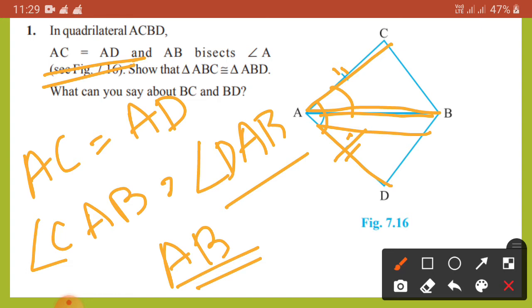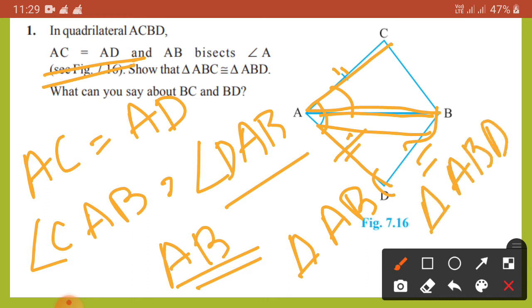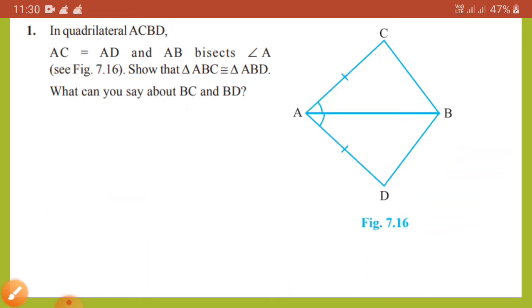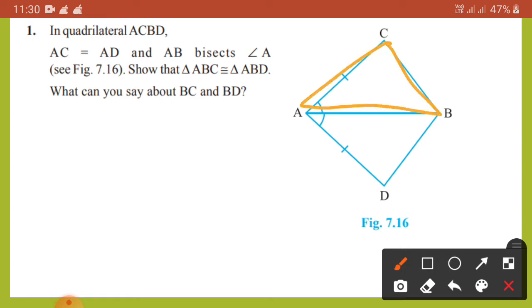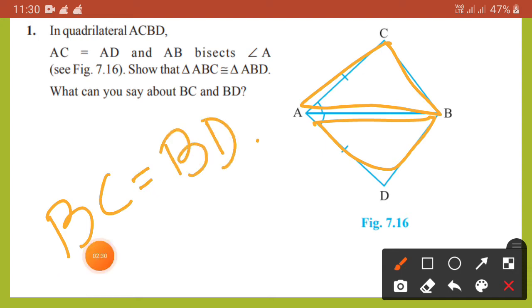So by SAS congruence we can say that triangle ABC is congruent to triangle ABD. Now as we have proved that these two triangles are congruent, we can easily say that BC equals BD.